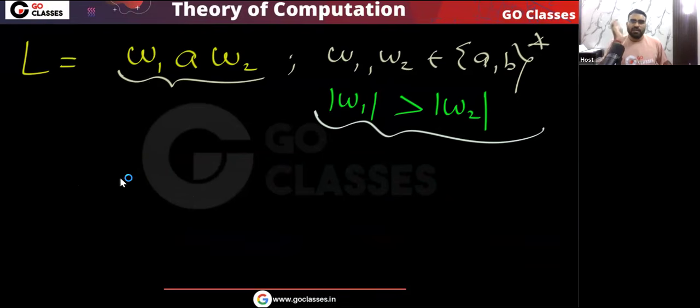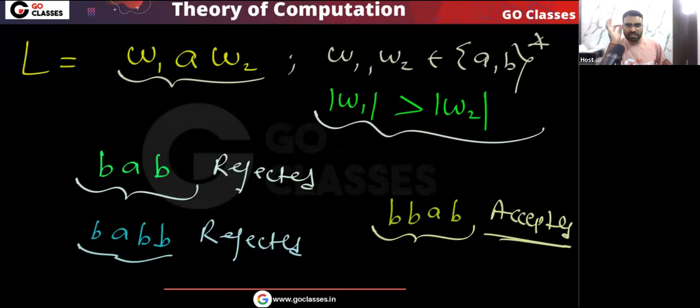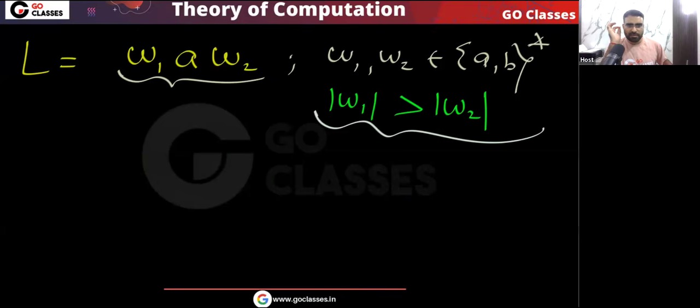Now let me tell you something more you can do. A very nice thing that is coming. I am saying that there is an A such that after this you have fewer symbols and before this you have more symbols. Do you agree?